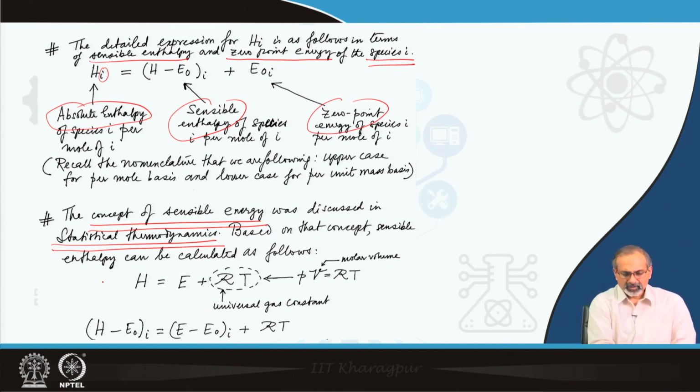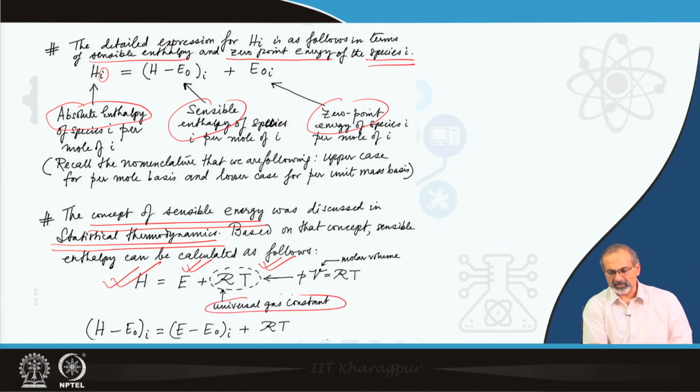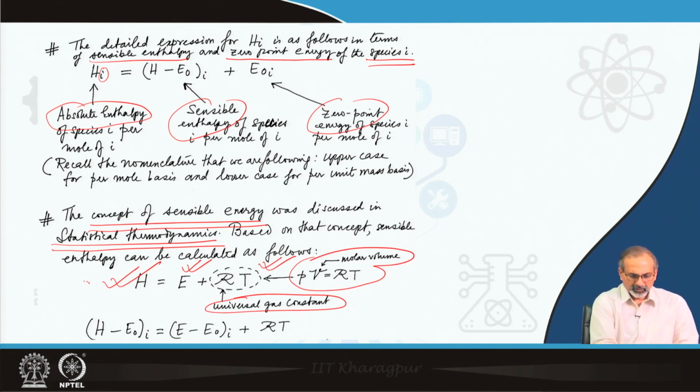Based on that concept, we can recall the definition of capital H in terms of internal energy and the product P v or R T, where R is of course the universal gas constant, because this is the equation of state written on a per mole basis, and we want to plug that into this equation, where we have written the sensible energy in the sense that we have taken a difference of the H and E naught like we wrote over here.